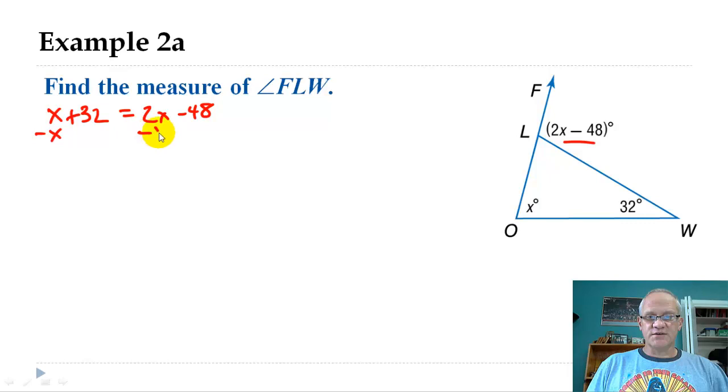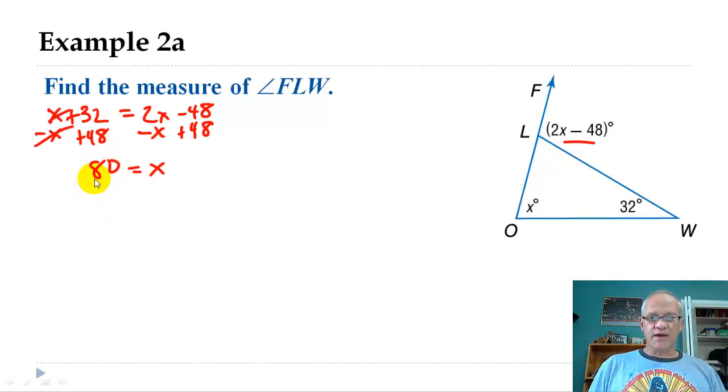So I'm going to go minus x plus 48, and then 2x minus x is just x, and this will be 80. Now, that's what x is, right? x is 80. We just solved for x, but what did they ask us for? They said find the measure of angle FLW.